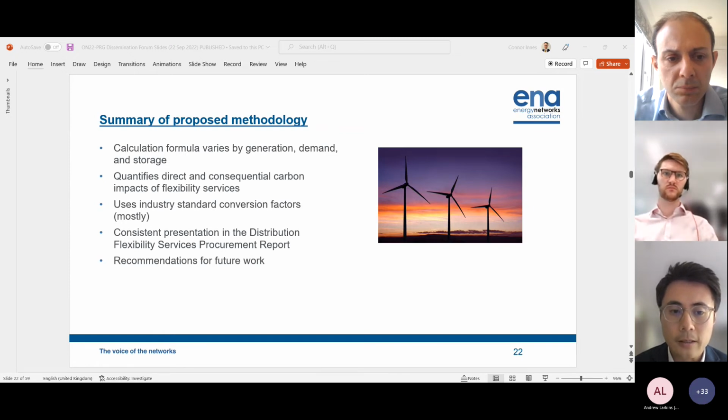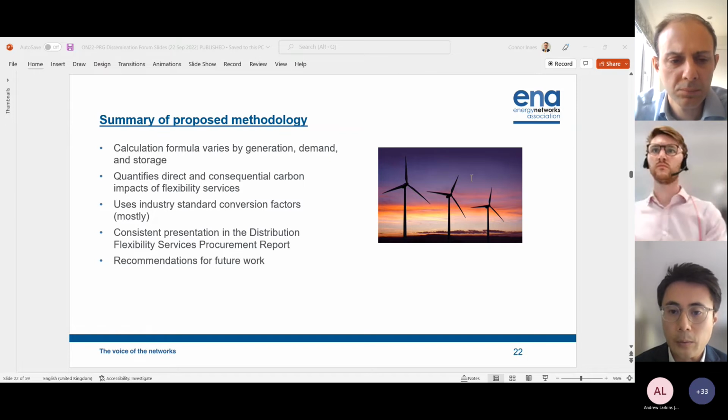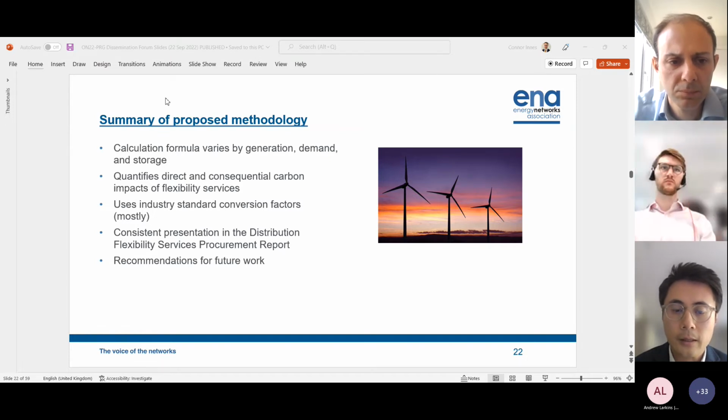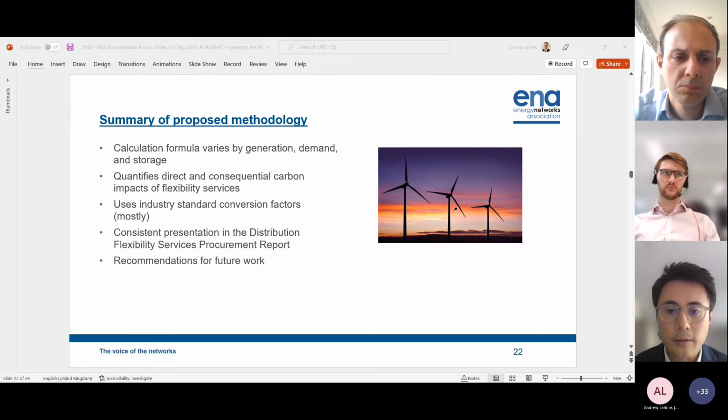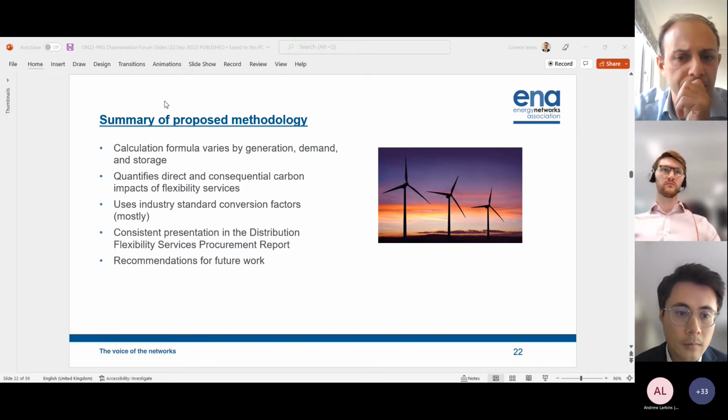Where we haven't used the standard is the assumptions around the proportion of energy that's rebounded from demand-side response, but we have used data from a previous trial to run that calculation, and it was also included in the consultation to request feedback from the industry if they have alternative conversion factors that we should look at.